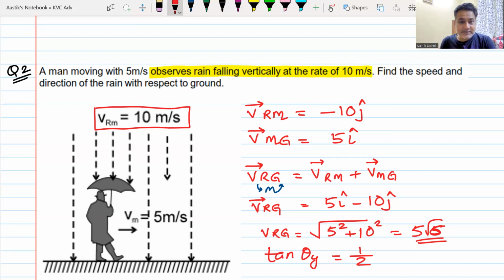So this was rain man problems. We have covered this. I was supposed to take the river boat problems also, but since time has run out and time is a luxury that we don't have, so I will have to stop the class here. I hope you have understood the concept. The concept is no different, whether it is motion in 1D or 2D or 3D or 5D.